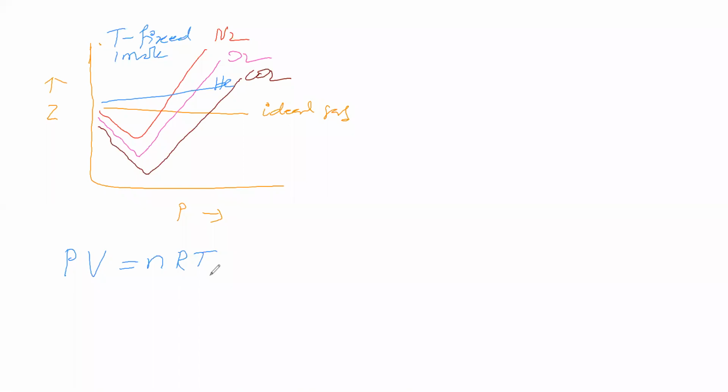Because all the gases deviate from ideal behavior under all the conditions except at a certain condition. At a certain condition only they behave ideally, obeying gas laws. So at a certain condition only PV equals nRT can be applicable. At all conditions PV equals nRT is not applicable.